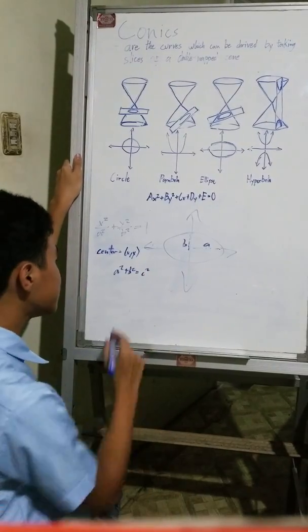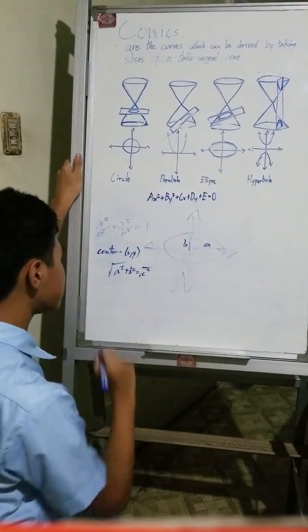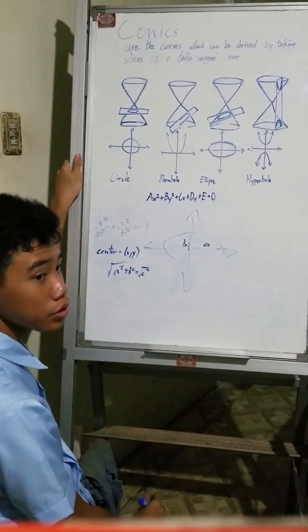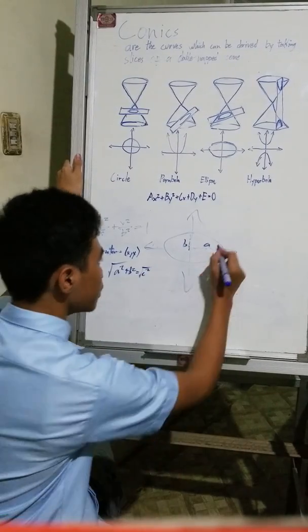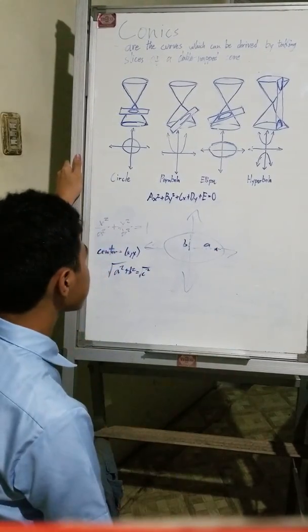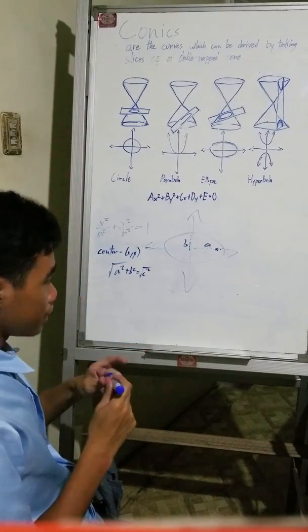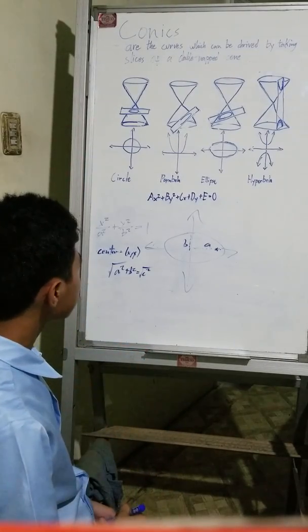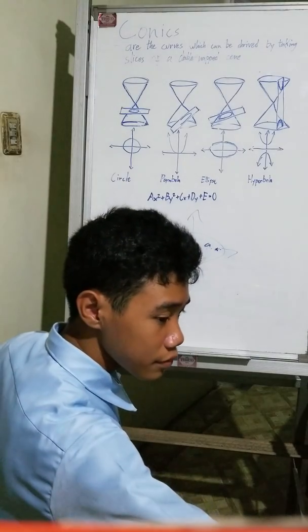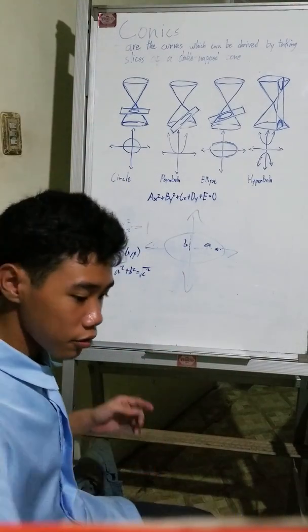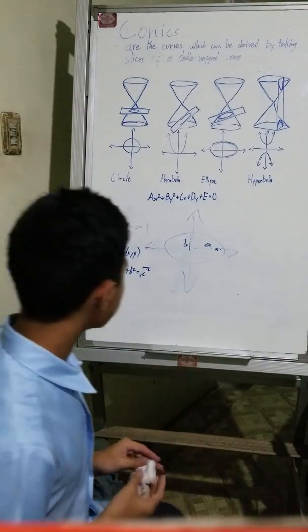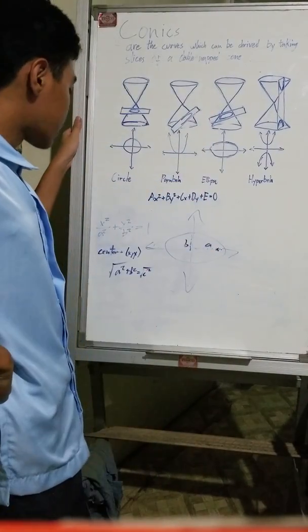I think you already got this. This c will be the focus, so it should be somewhere around here. And now I need to rush this. I didn't get enough time to explain this well.